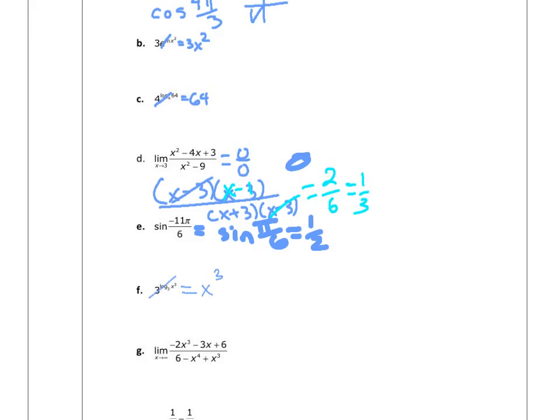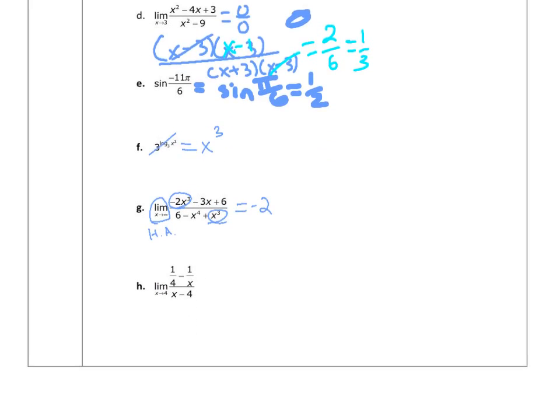The limit at infinity, thinking about this as a horizontal asymptote. And therefore, I'm only going to look at the highest degree terms, negative 2x cubed over x cubed, or negative 2 there. And then finally, I see in the bottom problem, again, if I plug in 4 directly, I get 1/4 minus 1/4, or 0 over 0.